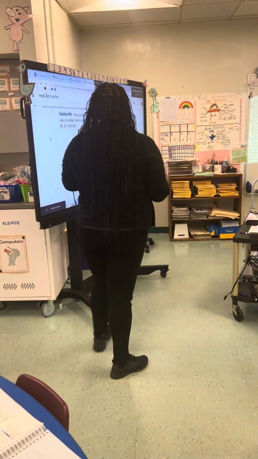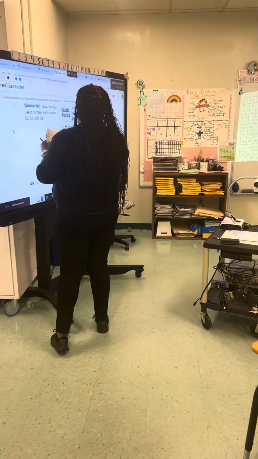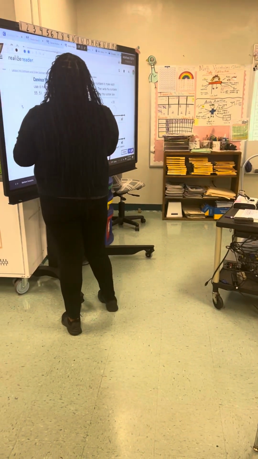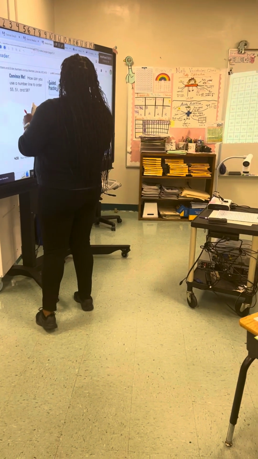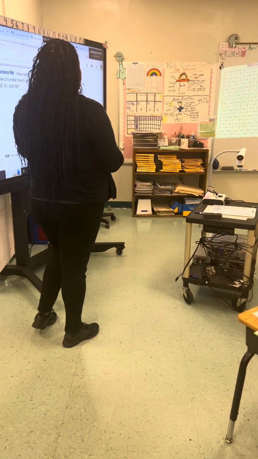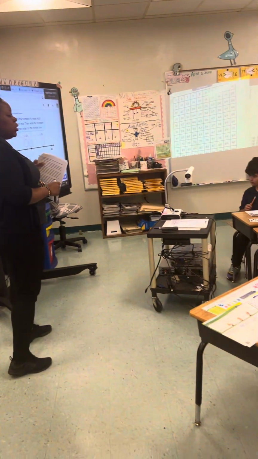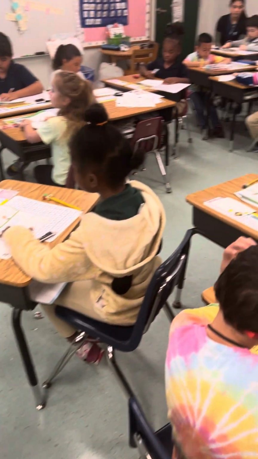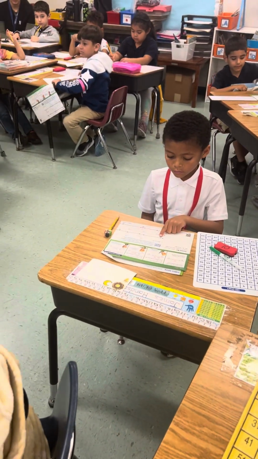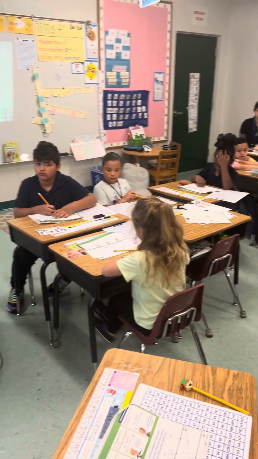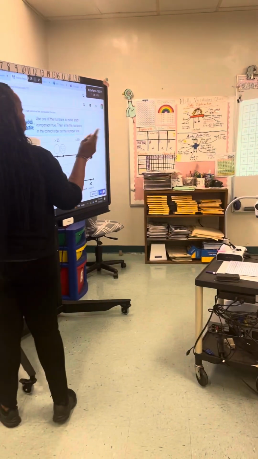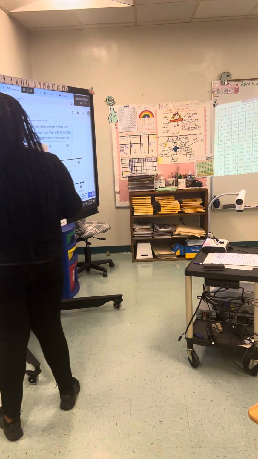All right, so look up here. This number line begins with the number 50. Point to it, please. Point to 50 on your worksheet.